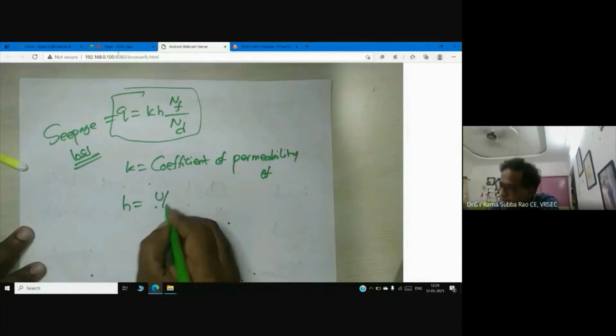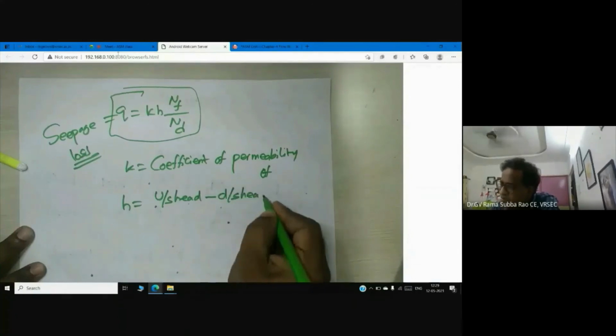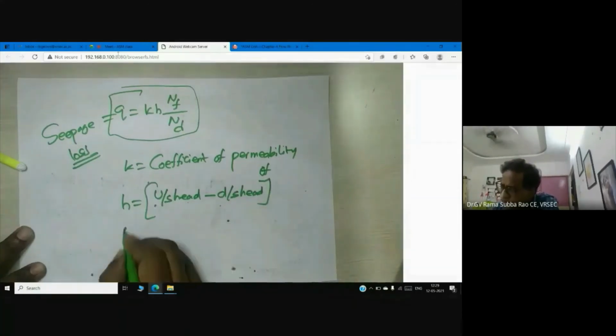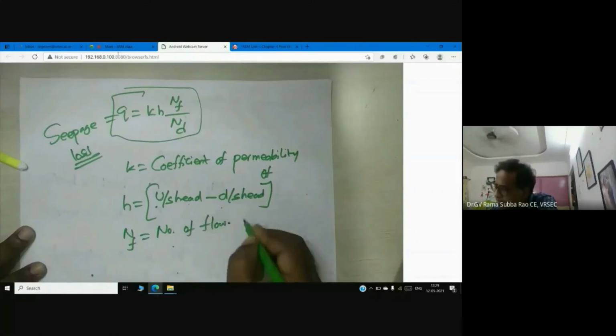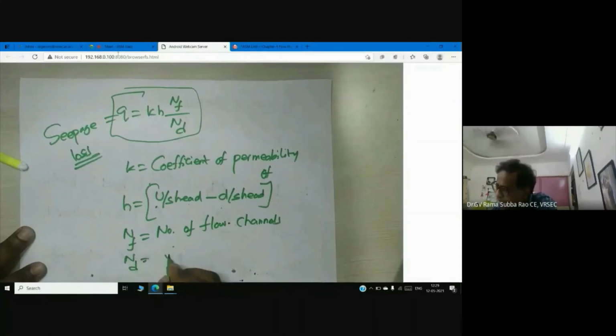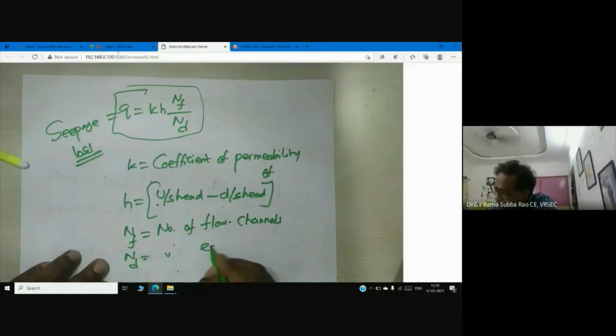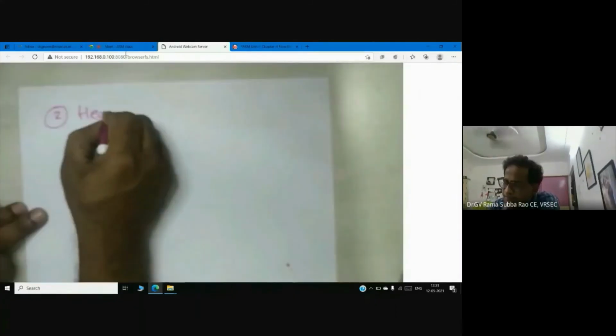Upstream head minus downstream head causing the flow. What is NF? Number of flow channels. ND, number of equipotential drops.